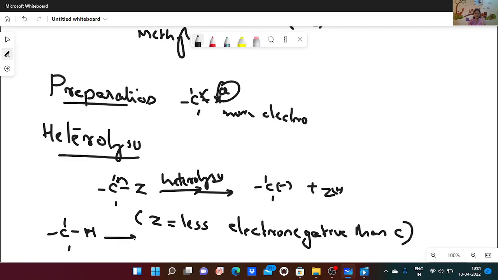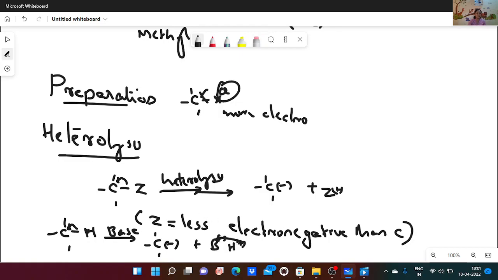Here the point is that if you are using a base, what is the role of a base? A base will accept a proton. So as a result, this H plus is released and you will have this C minus, and the base accepts the proton, so BH is formed.